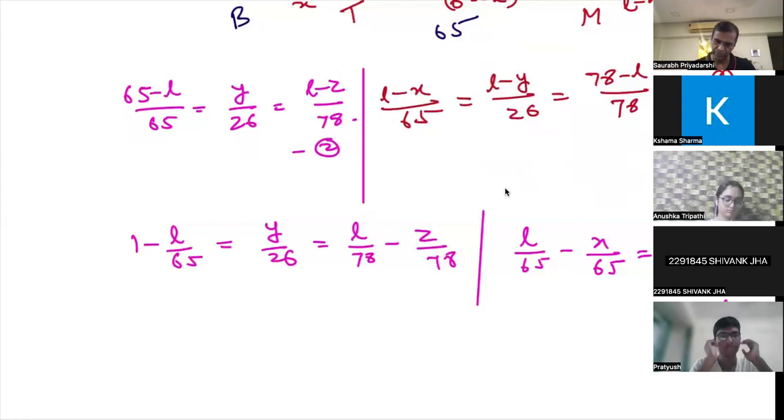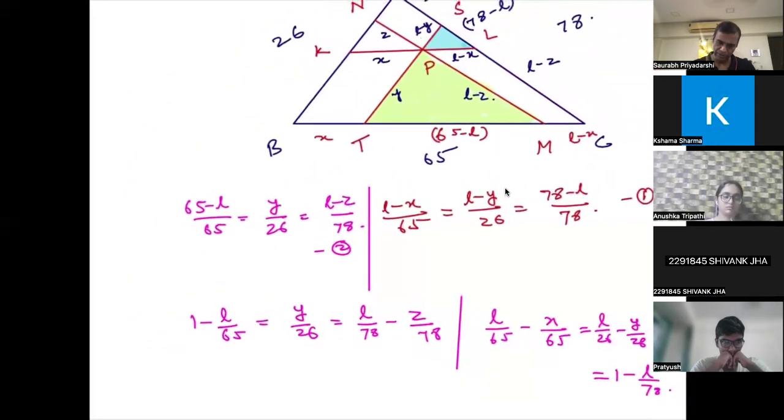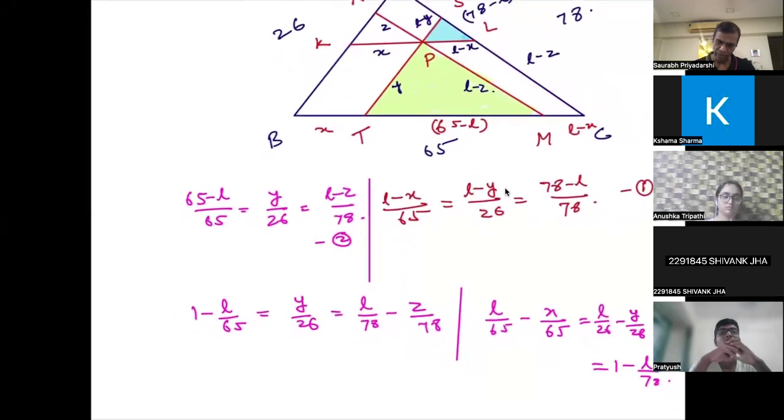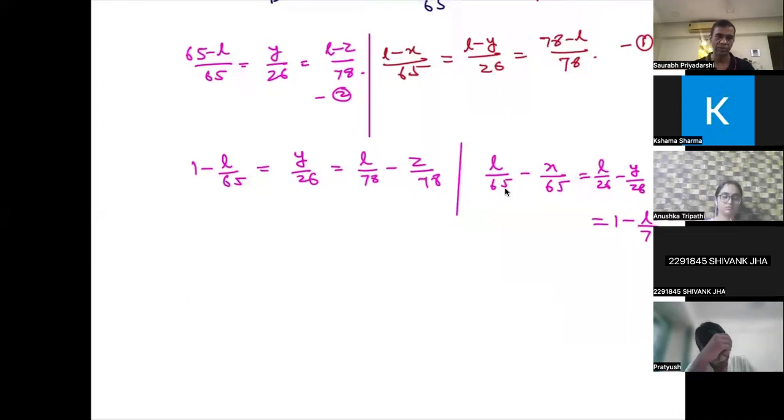From both these sides, we have to eliminate L. Just try to solve everything. Very good. Everything is there. Now it's your turn. Try to solve.